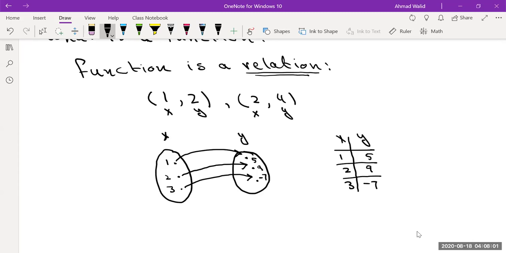The values of set x, if you remember from your algebra, it's again a review, we call it the input, or the domain. Your set x is your domain or your input. Set y is the output, or we call it the range.